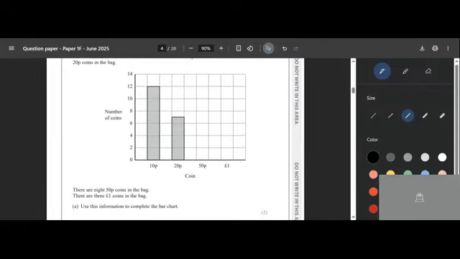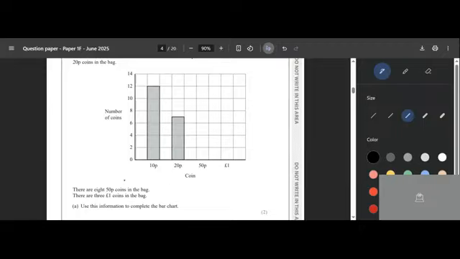You are told there are 8 50p coins in the bag, and there are 3 £1 coins in the bag. So use the information to complete the bar chart.